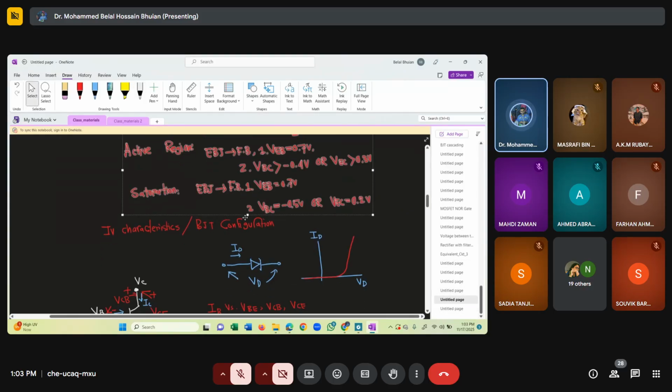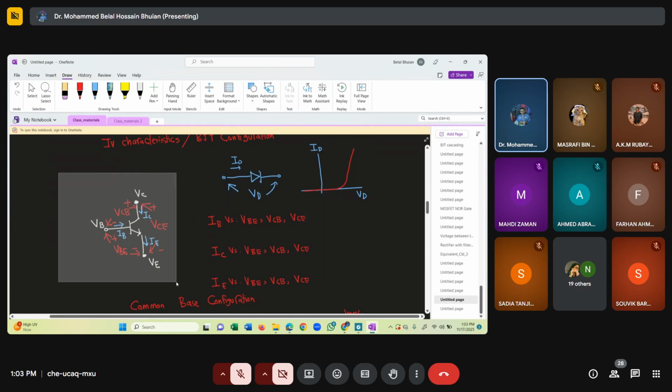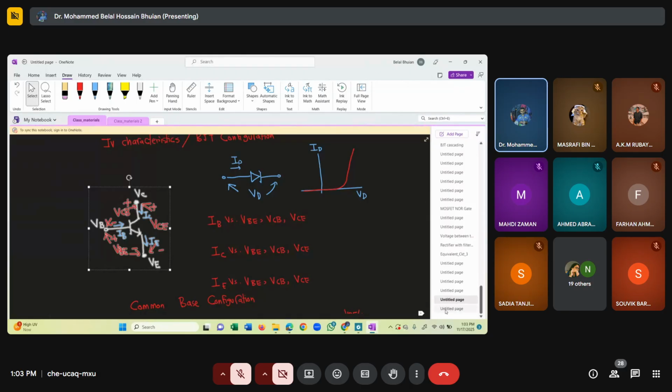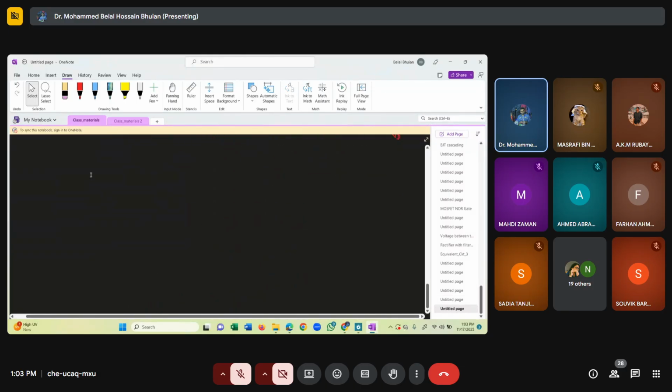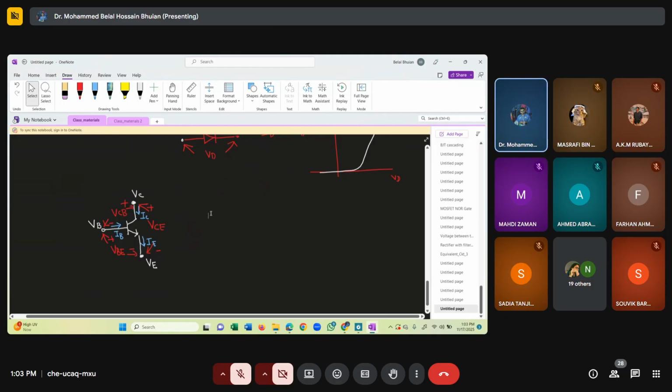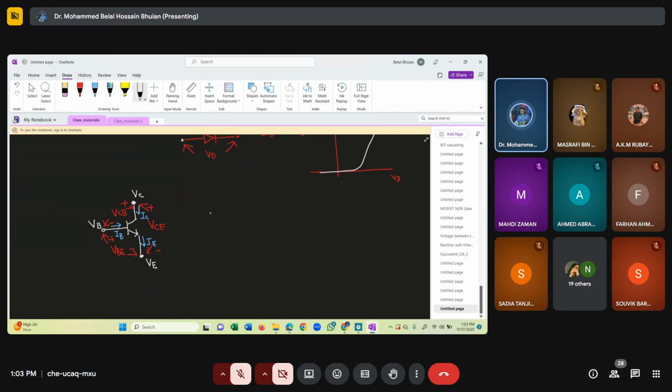But what about BJT? So let's say if you have a BJT which has 3 terminal: base, collector, emitter. Each terminal we have got one current: base current, collector current, emitter current. Now also between each terminal we have one voltage: VBE, VCB, VCE. So we have 3 current, 3 voltage.